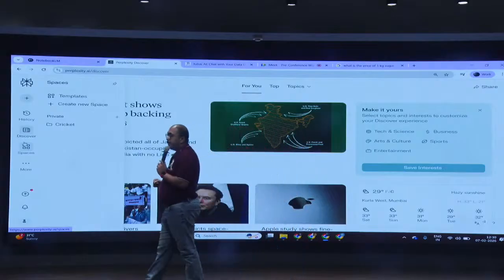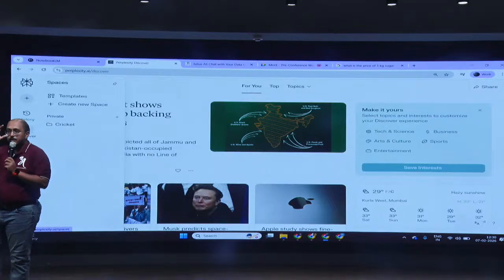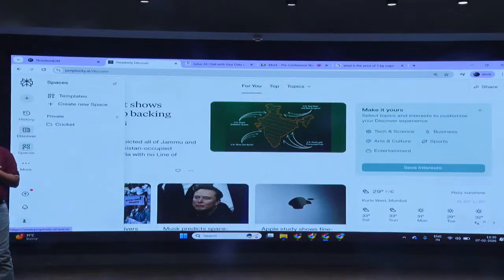And the beauty of the spaces is all the new news for that topic would get added to the space automatically. So for instance, in spaces, I have one space for cricket. I'm a very cricket fanatic person. So all the news that are related to this topic and concurrent would be added to that subfolder for me.